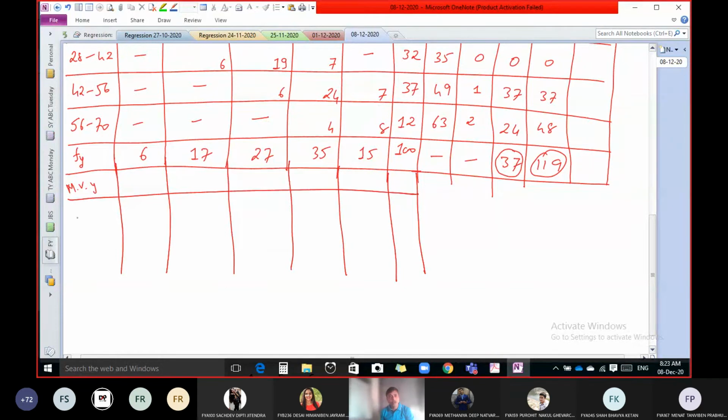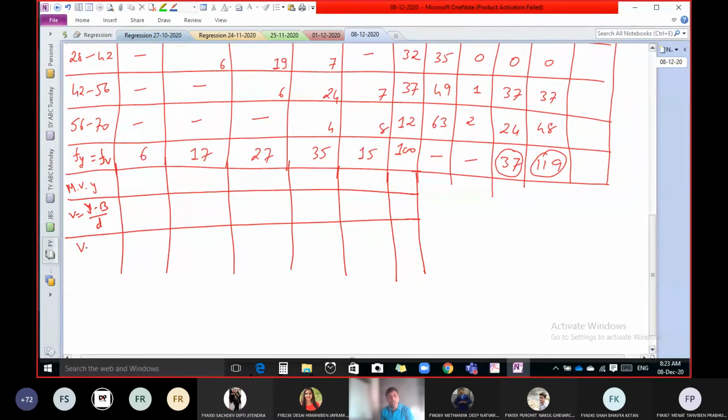Then convert into y minus b upon d. Instead of c, you can write d. So now we have the value of u, and consider this is the frequency of v. This is v and this is y. Both have the same frequency, so fy or fv.